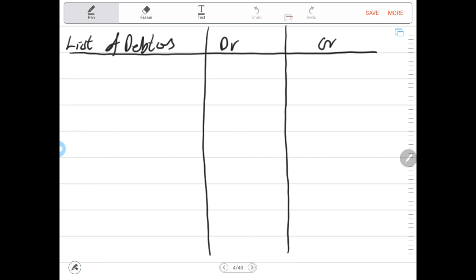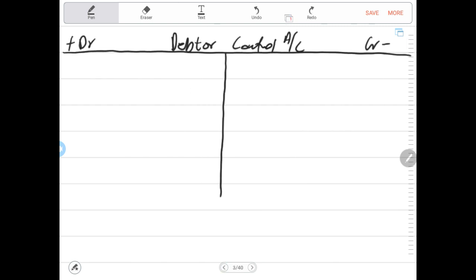Under the list of debtors, I am using the debit and the credit approach to make the correction. Obviously, this will start with the balance that we have. Together with the ledger account, we'll start with the balance, and the balance brought down of a debtors ledger account is on the debit side.